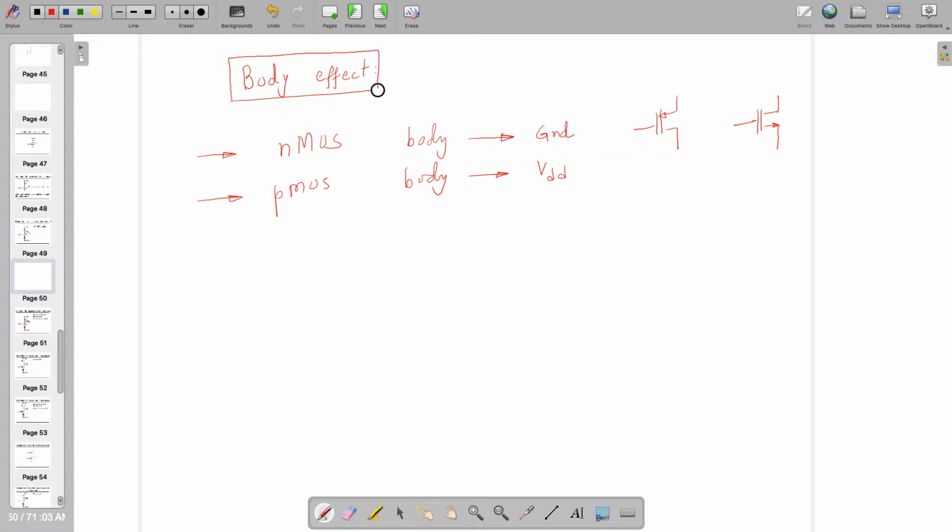What body effect says is that there is one equation of threshold voltage. We can call it VTH. It's also confusing in the case of Thevenin, but right now it is threshold voltage. Threshold voltage is actually defined by the process or the foundry.